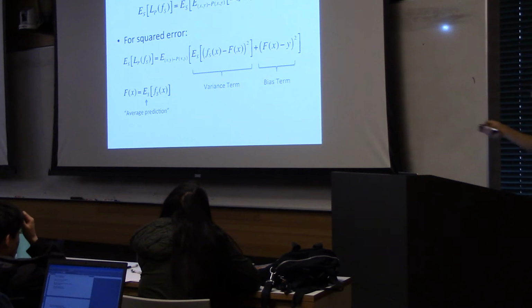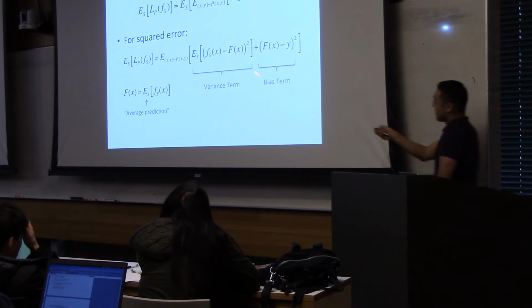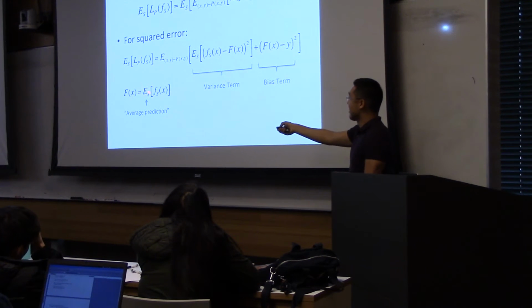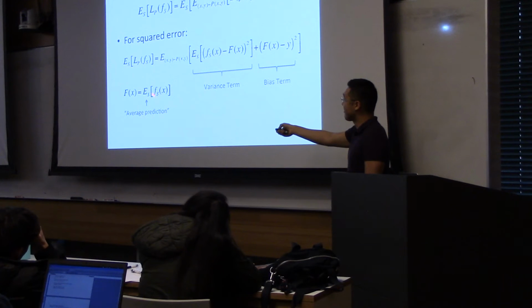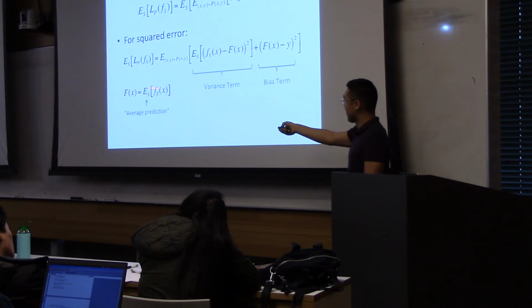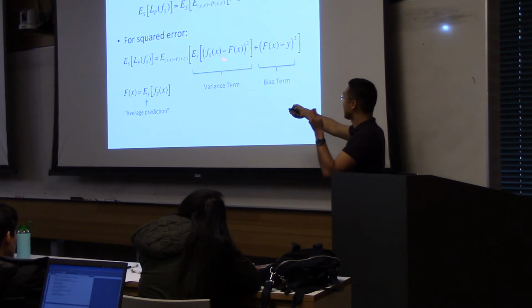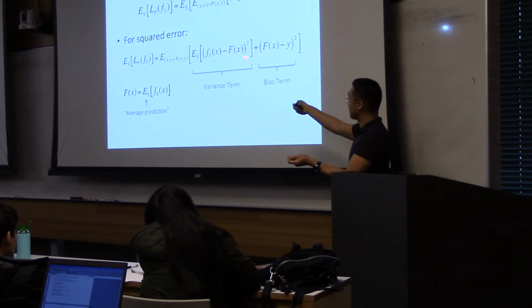So this is called the variance term, because the average prediction is actually deterministic, right? Because if you take the expectation over all the training sets that you could possibly sample, it is not a random variable. This is the variance. This is the variability of different models in your model class from its average prediction.